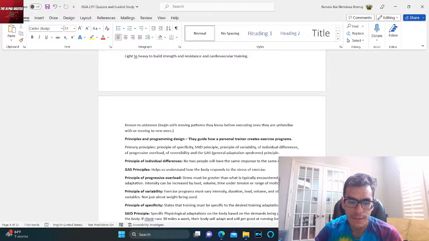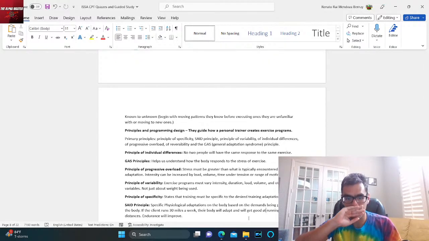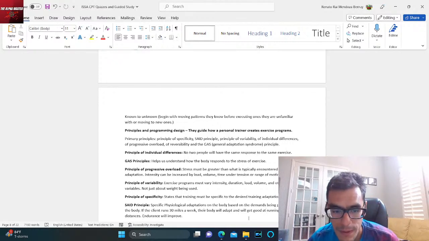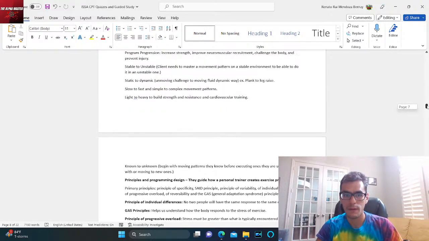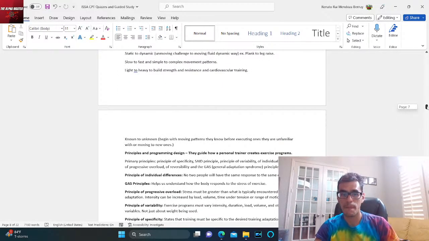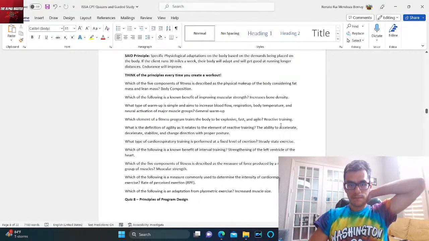If a client runs 30 miles a week, the body will adapt and will get good at running longer distances. Endurance will improve.